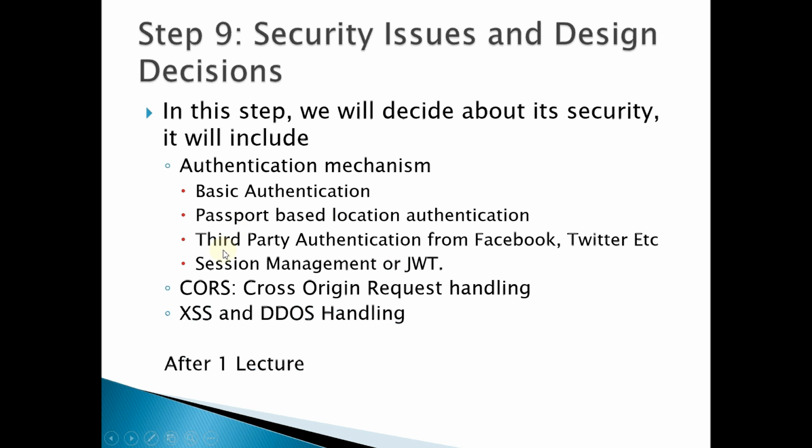Similarly, we can authenticate with third party services, like Facebook, Twitter logins, and Gmail logins. We can use those using Passport. And we can also use sessions to manage the information, and JWTs to manage the information. So we will define these.